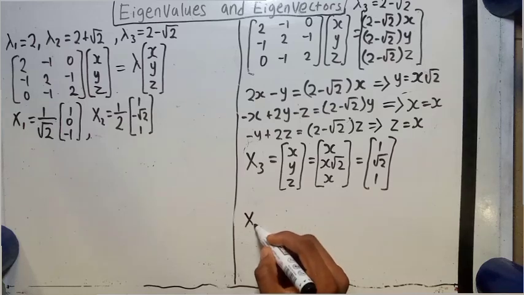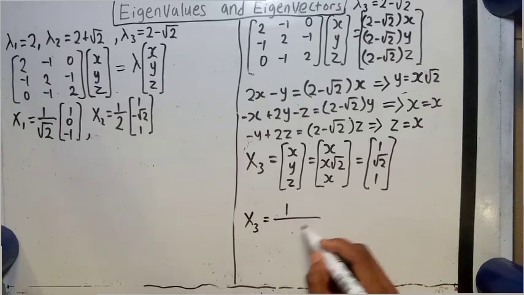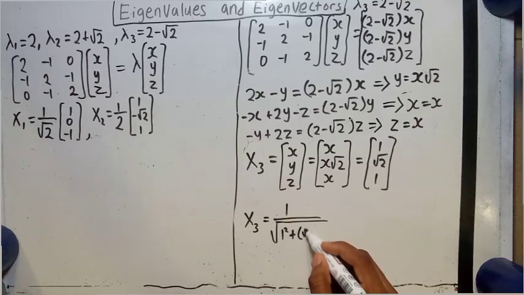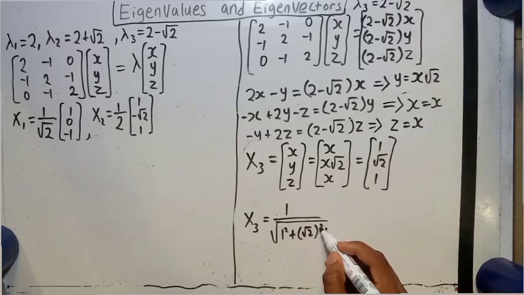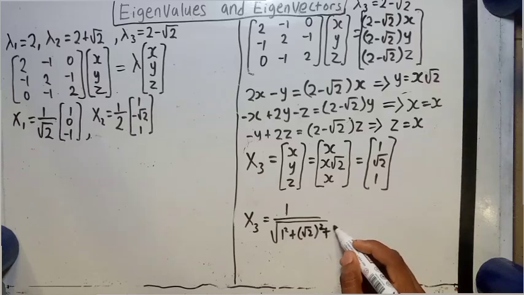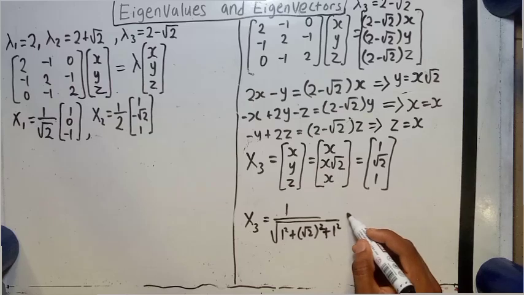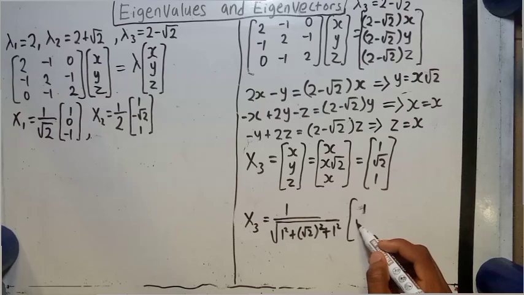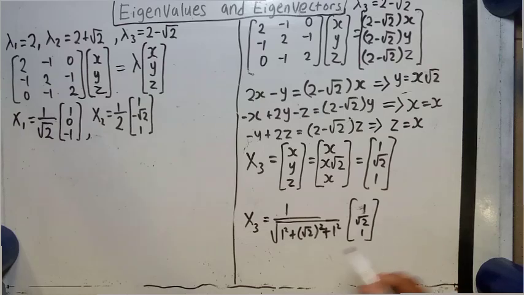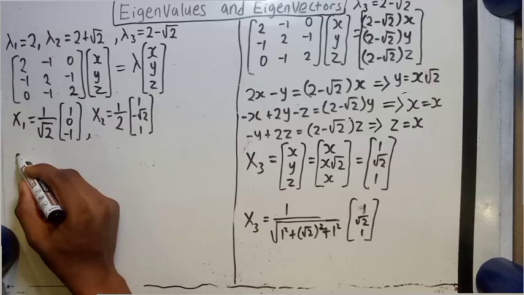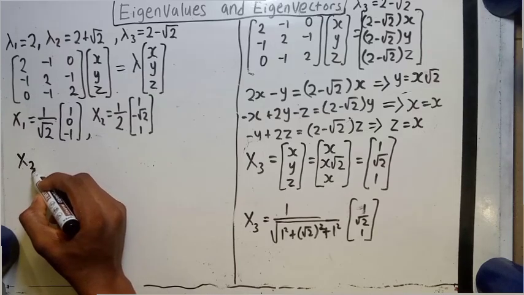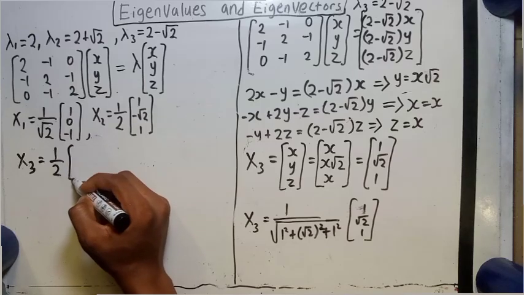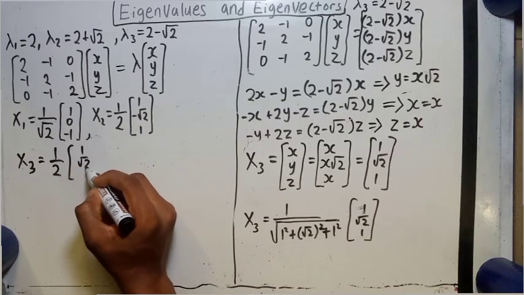Normalizing this, we're going to be having 1 over square root of 1 square plus root 2 square plus 1 square, all of this multiplied by our 1, root 2 and 1. So finally we have that our x3 is going to give us 1 over 2, 1, root 2, 1.